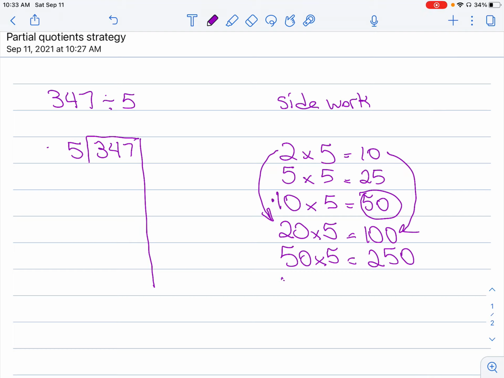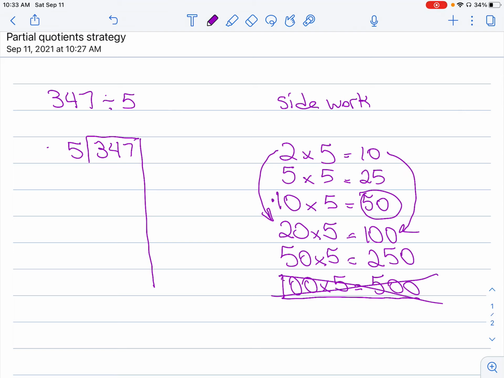And instead of 10, I'm going to use 100 times 5. And everybody knows 100 times 5 is 500. Well, now I can see that this side work for 500 is more than 347. So I don't even need that one. So I'm just going to cross that off.